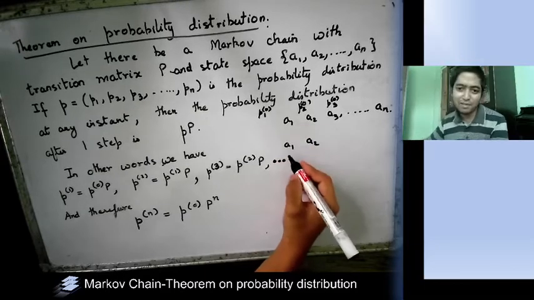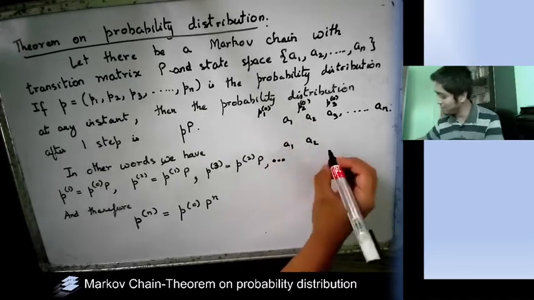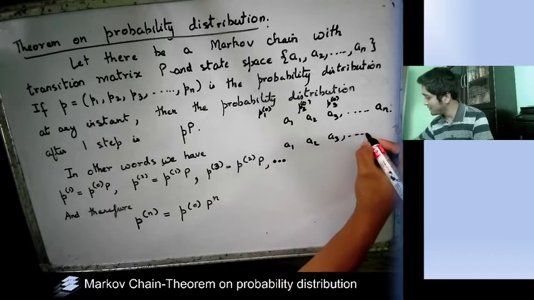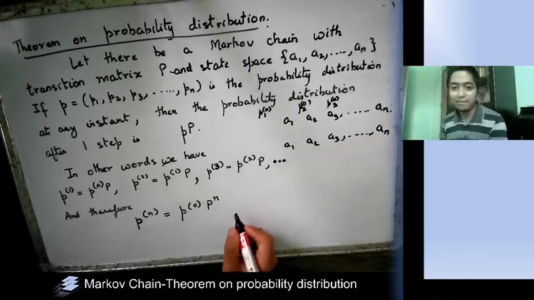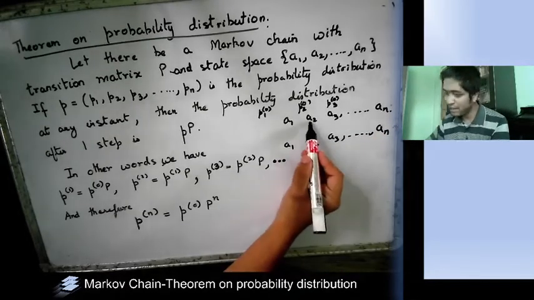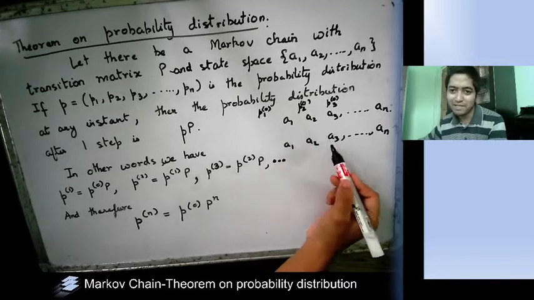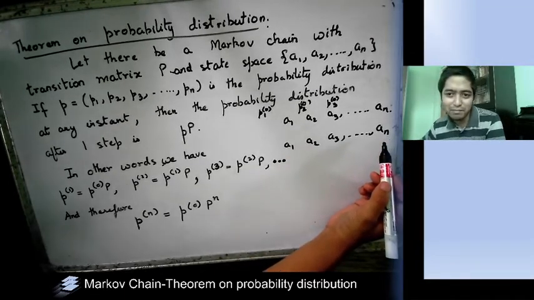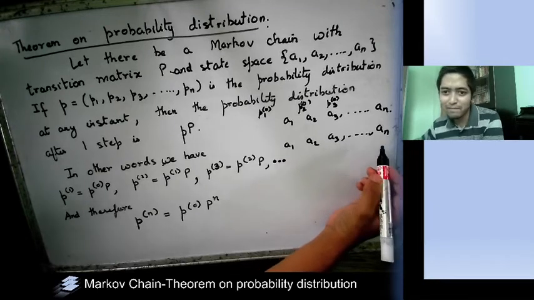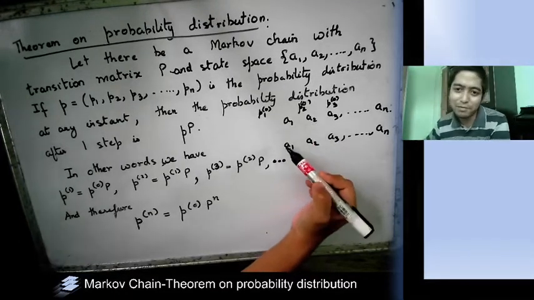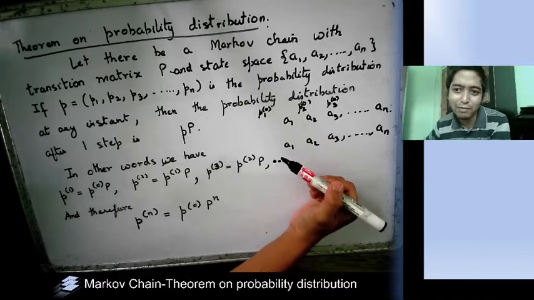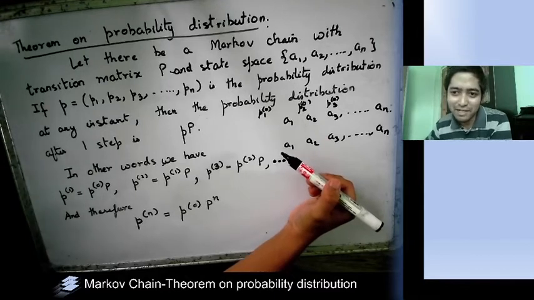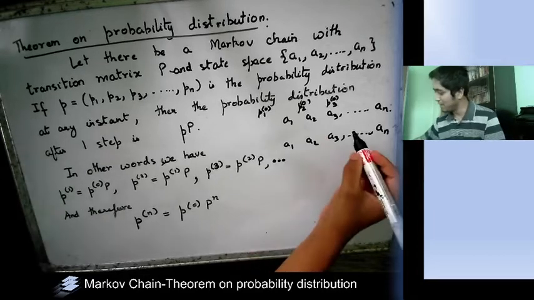From A1 it can jump to A1, it can jump to A2, it can jump to A3, it can jump again up to AN. Similarly from A2 it can jump to any of these states with some probabilities. Of course, if it is not possible that the state can jump from A2 to A1, then that probability will be 0. But still, you can say that there will be probabilities involved as well.